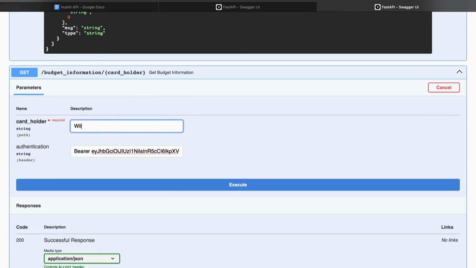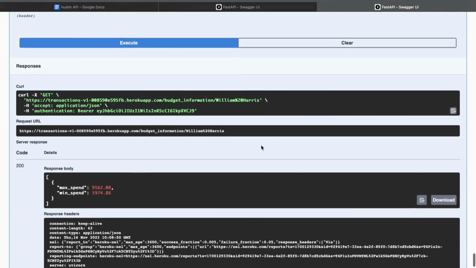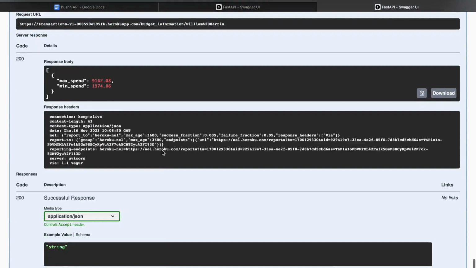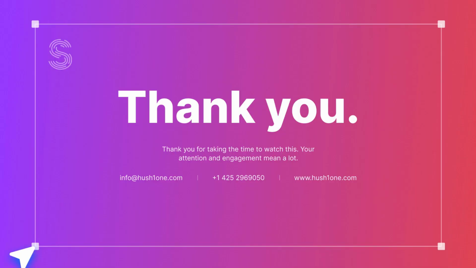We have the budget information of a customer. This is the most important thing when it comes to understanding the spend patterns of a customer. So this API over here gives the maximum spend amount and the minimum spend amount of each and every customer.